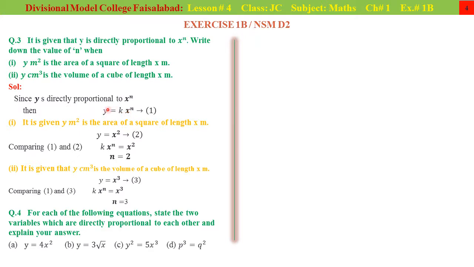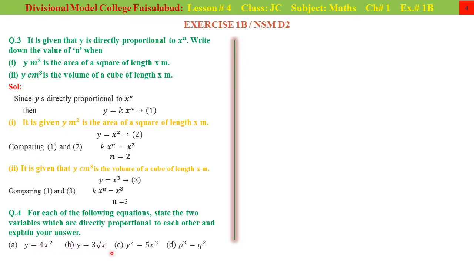So which are the two variables which are directly proportional? y, which is on the left hand side, and x raised to the power n, which is being multiplied with a constant. This constant k may be any number. In this case, part A, y is equal to 4x square. So the variables are y and x square, and in place of k there is 4.